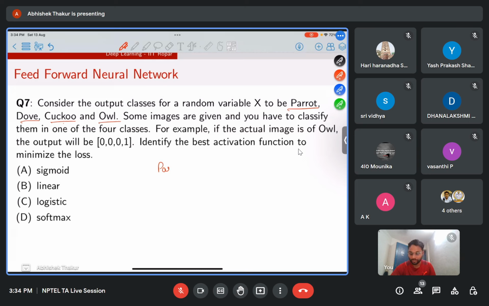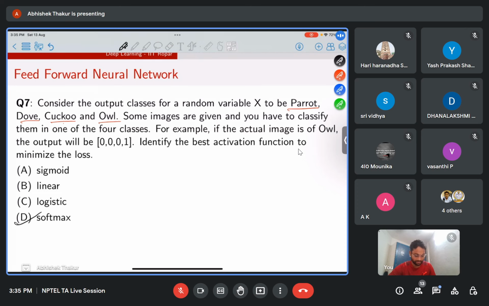So what will be the answer? This is a very simple question. Yeah, option D, because this will follow the probability distribution, since the sum of all these outputs will be equal to 1. So for a probability distribution, softmax is best, and the loss function will be the cross entropy.